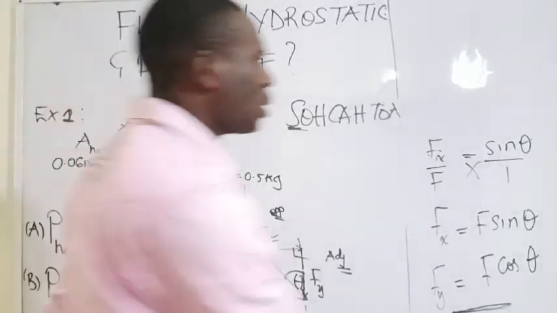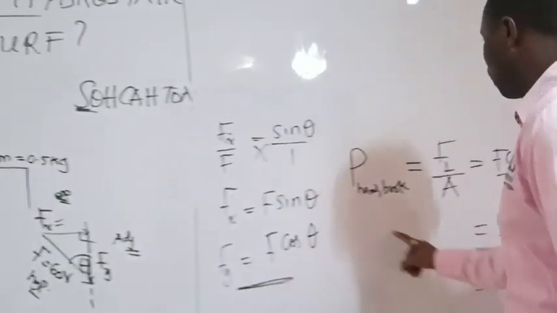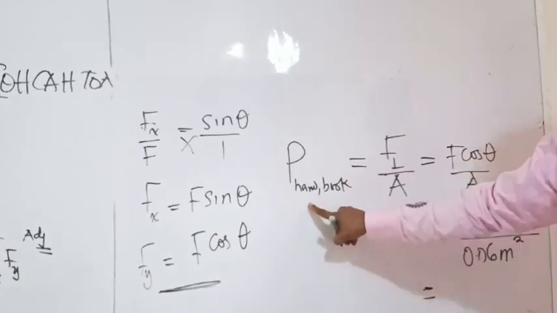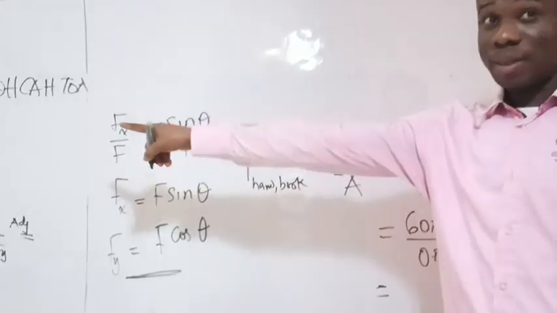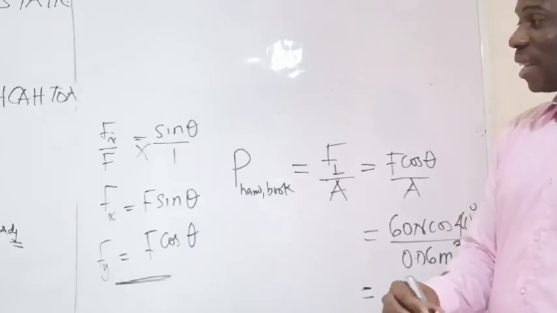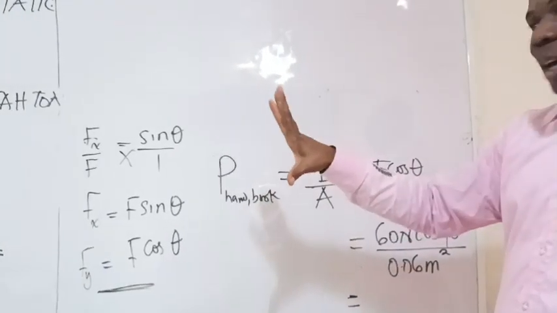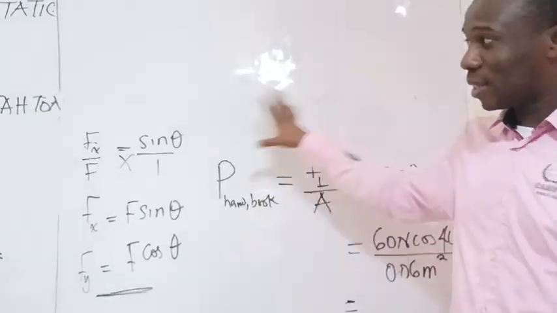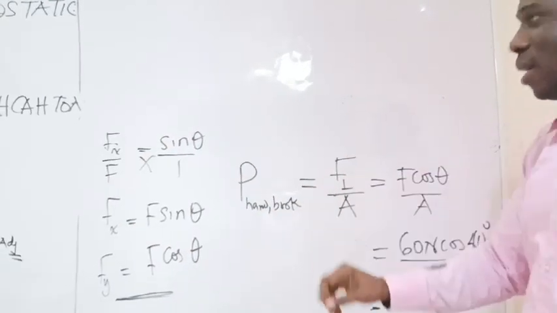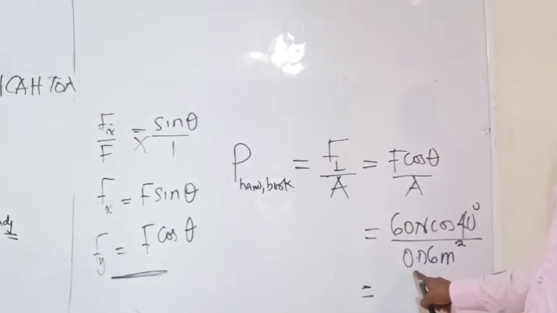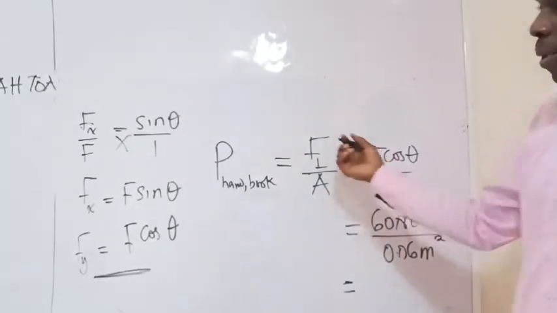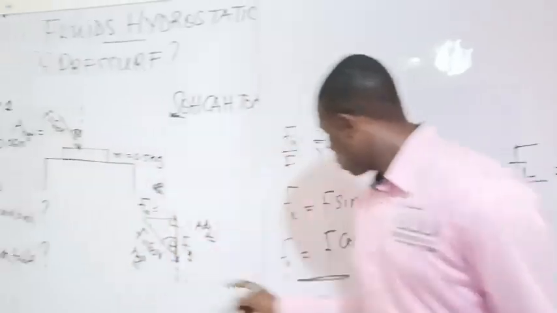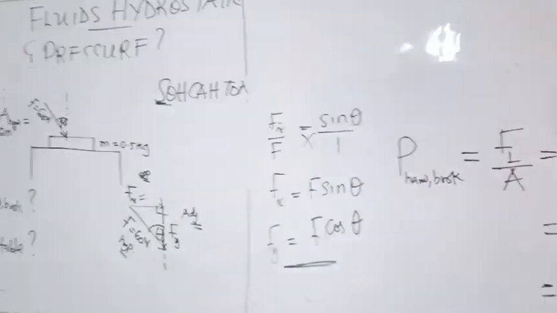Alright, so I'm looking for the pressure that my hand exerts on the book. I'm taking the area at which my hand makes contact with the surface of the book. The area of my hand is 0.06 square meter, and the force is the perpendicular component of this force, which is F cosine theta.